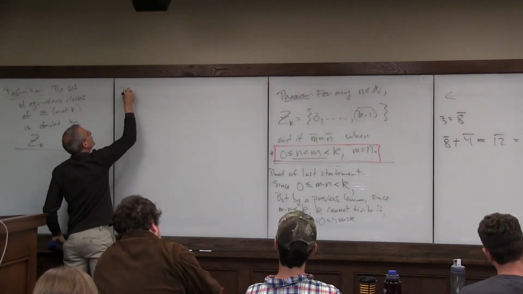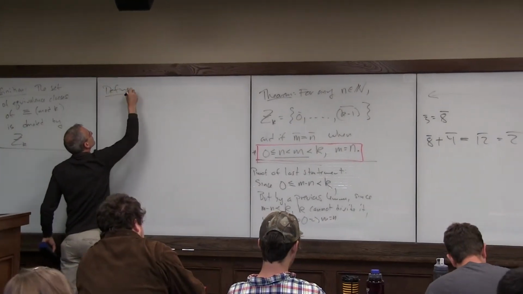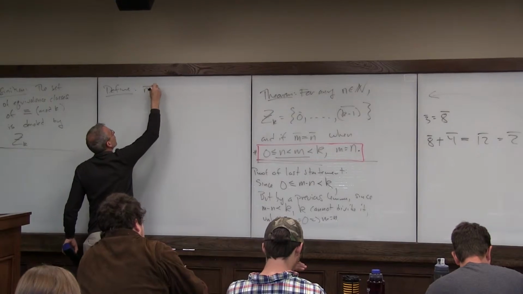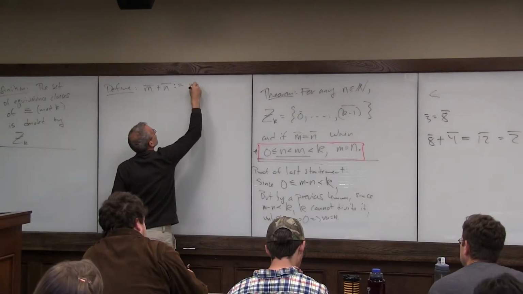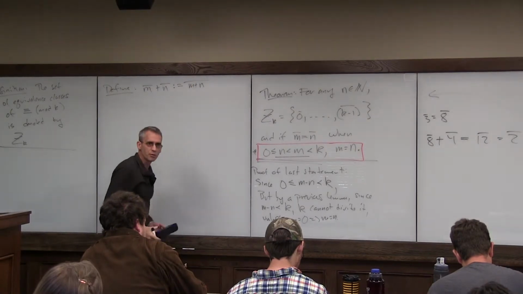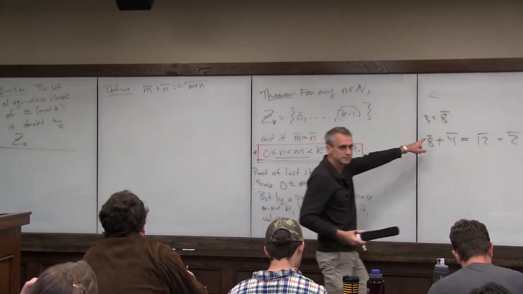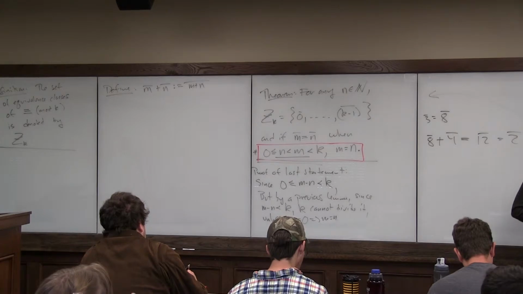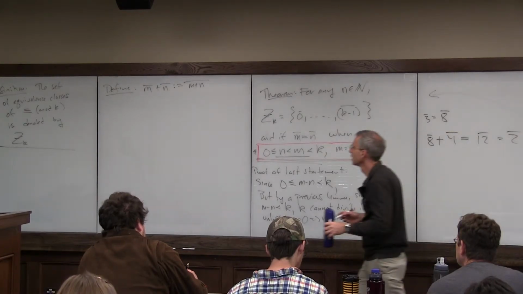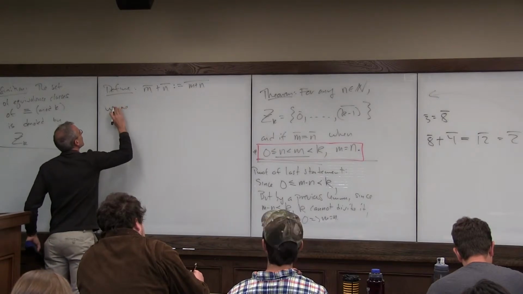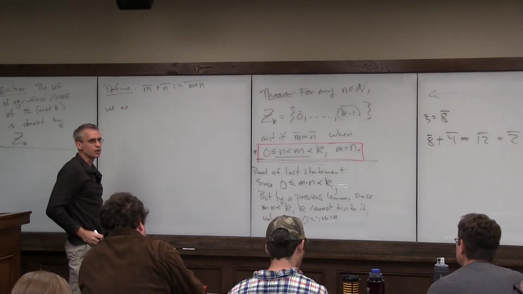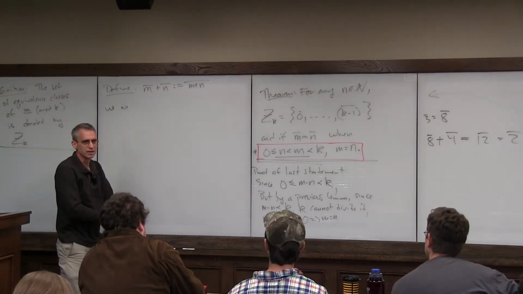We're going to define m bar plus n bar equal m plus n bar. That's really what we were doing over here. And so we need to check, and by the way, you're going to be checking multiplication as well defined, so you better pay attention to the addition one.